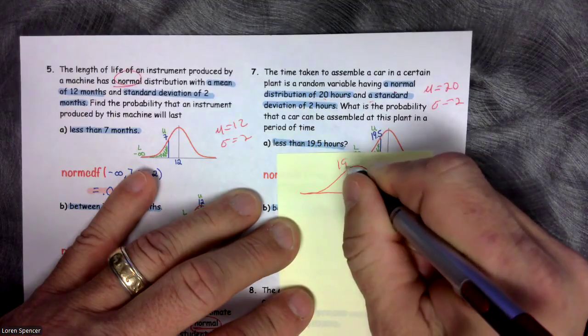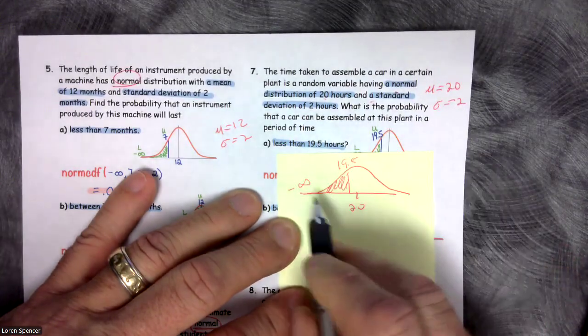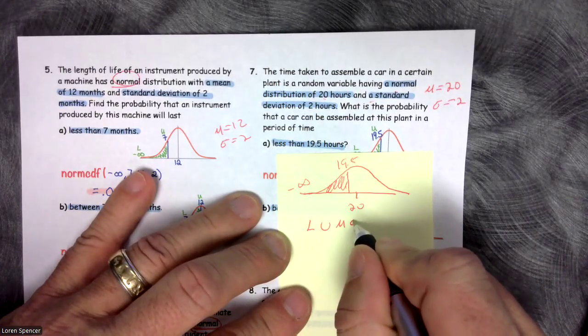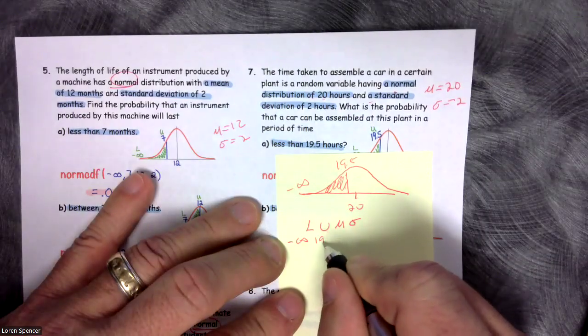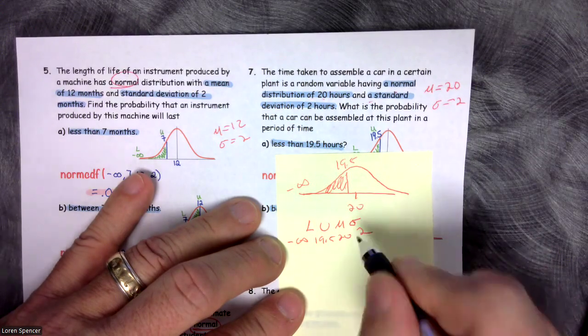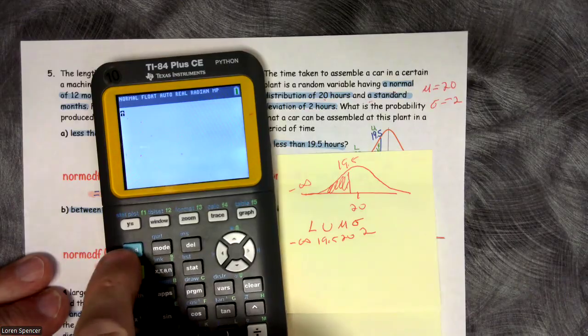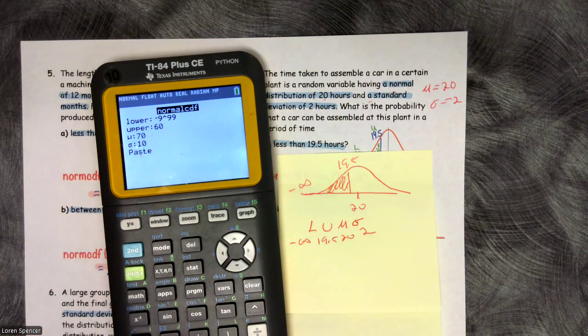Well, 19.5 is below 20, and I'm shading, but what am I shading to? Negative infinity. So my LUMO: negative infinity, upper 19.5, mean of 20, standard deviation of 2. Guys, this may seem easy, but I'm telling you, it's one of the most important concepts you will ever learn in this class.